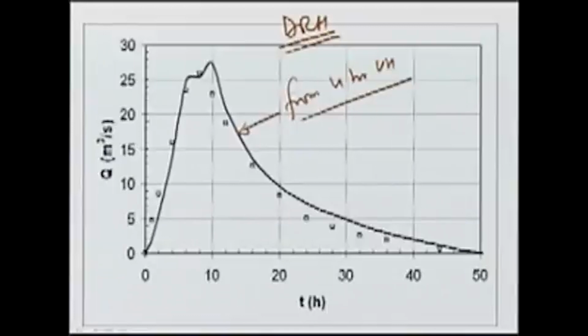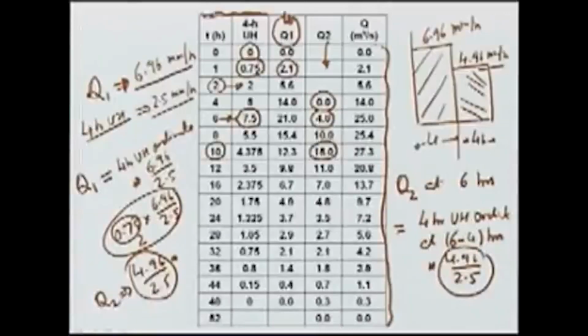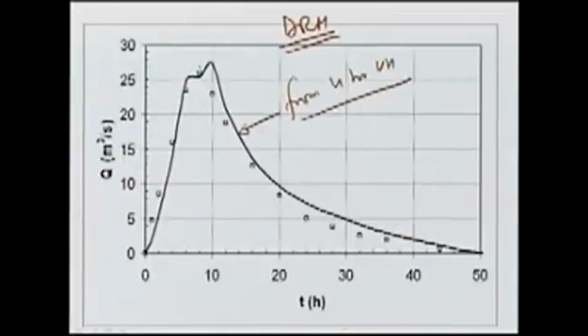The solid line shows the value which we have obtained from the 4-hour unit hydrograph, and these symbols we have earlier shown as the observed, from our earlier analysis of measured data at the outlet.